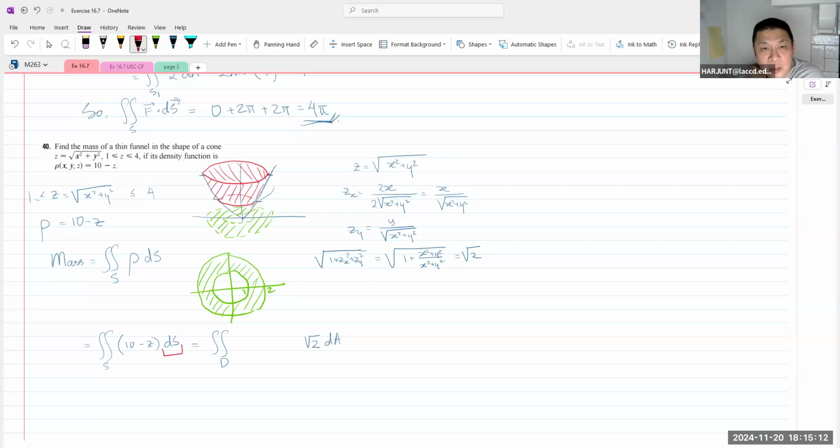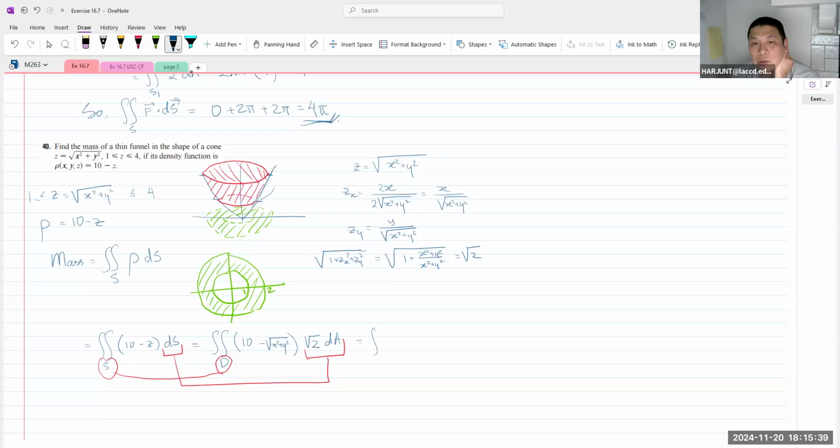This becomes the donut. Of course, in the integrand you need to change z to what it equals on that surface, which is 10 minus square root of x squared plus y squared. But then, let's take advantage of the shape.